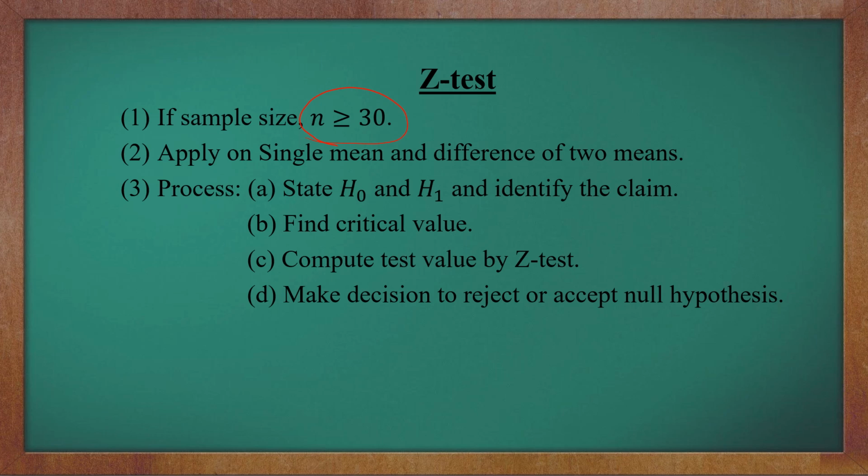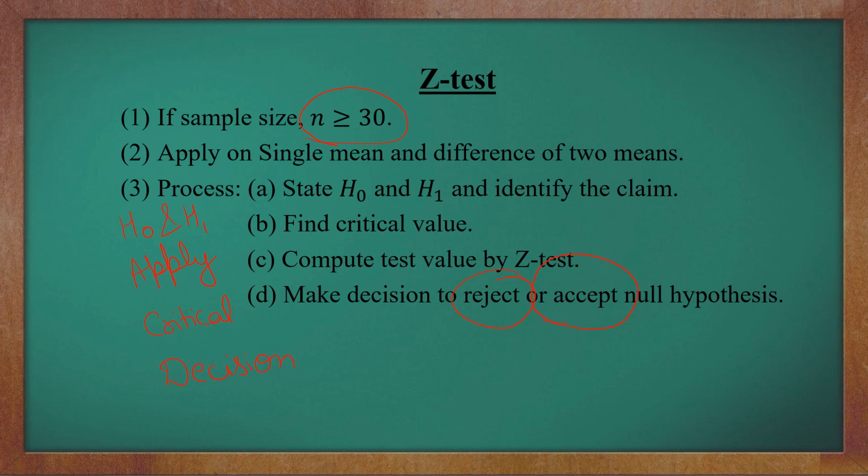After that, you have to take a decision whether you should accept your null hypothesis or reject it. So remember students, the first step is always to take the null hypothesis as well as the alternative hypothesis, apply the test, check the critical value, and after that decide whether you go with your null hypothesis or not.